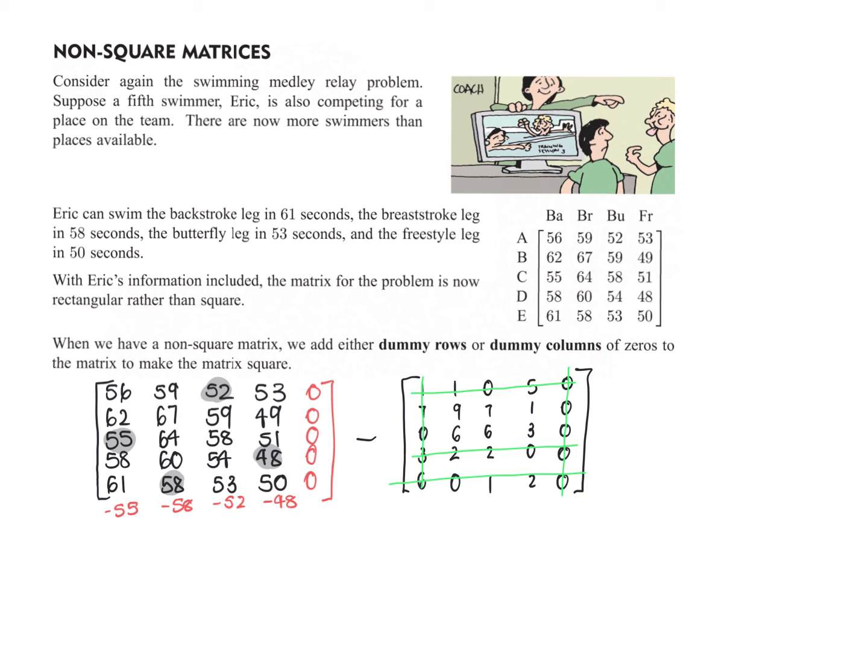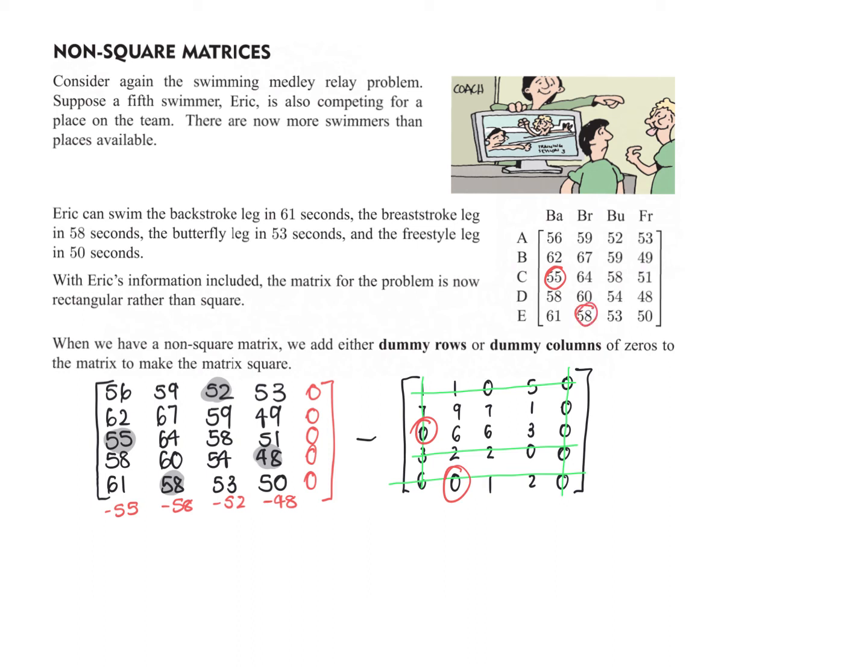So in the first column, there's only 1 zero, so we're going to select that one. So that is C. We'll complete the backstroke leg. In the second column, there's only 1 zero, so Eric is going to pick up that breaststroke leg.